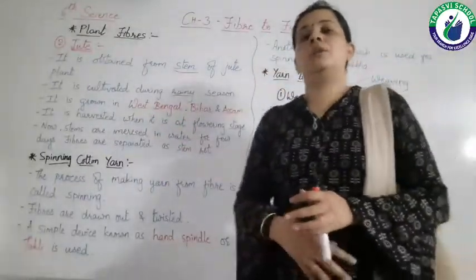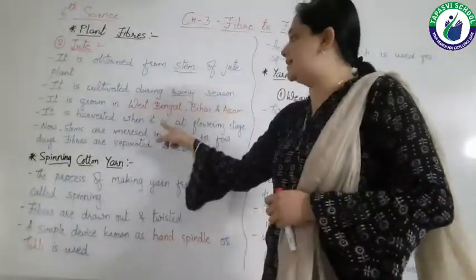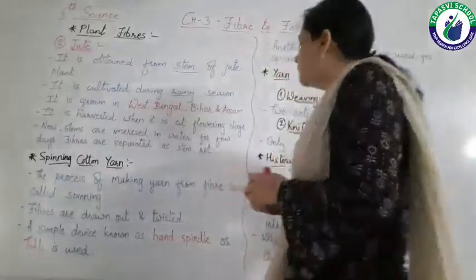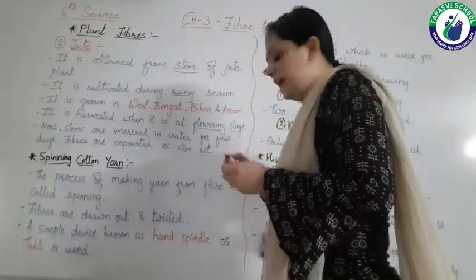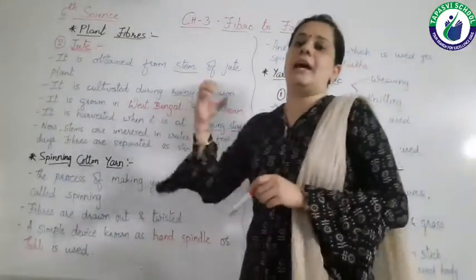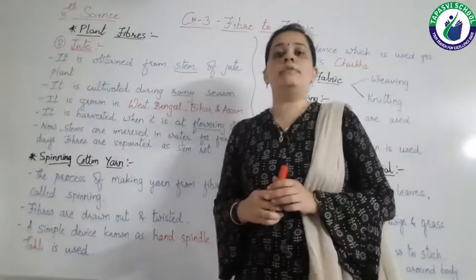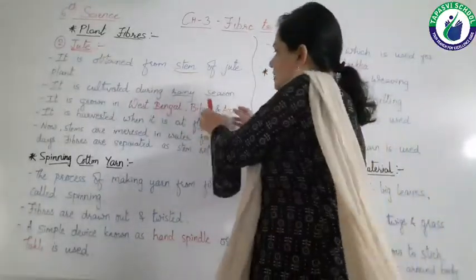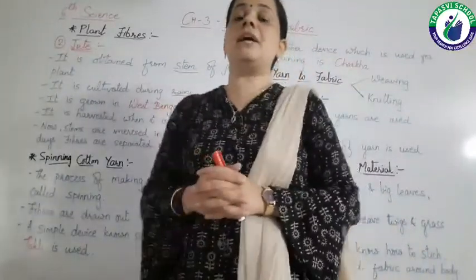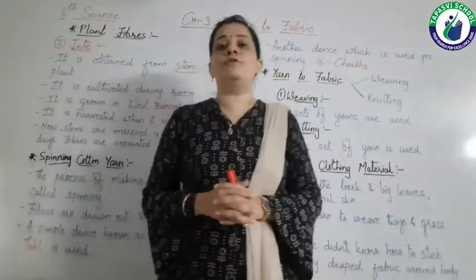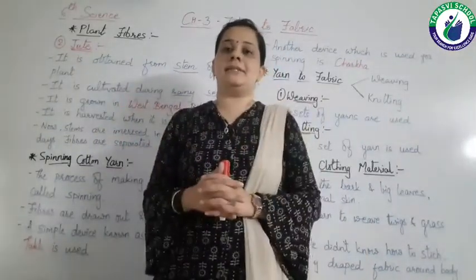Right? Now the jute is harvested, meaning the stem of the jute plant is harvested at the flowering stage. Meaning when these jute plants get flowers, at that time they are harvested, meaning they are cut. Right? And then what we do is immerse this stem in water. Immersing means we are soaking the stem of the jute plant in water for a few days.